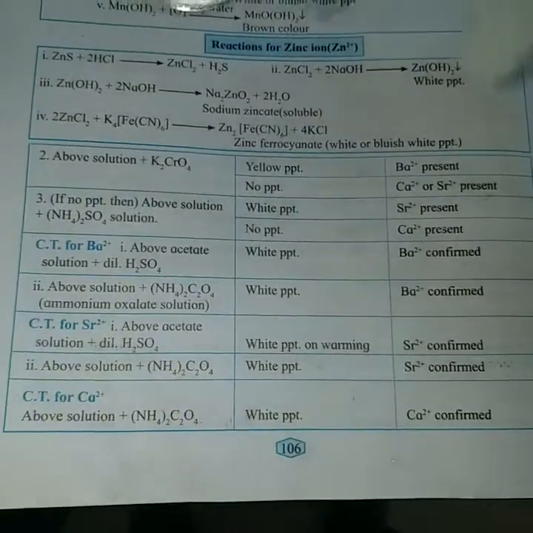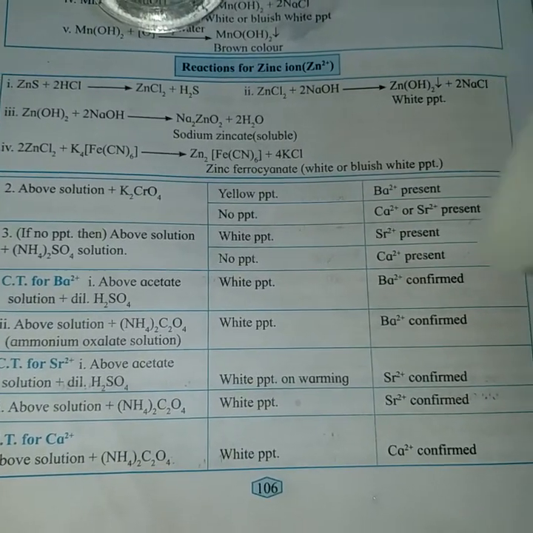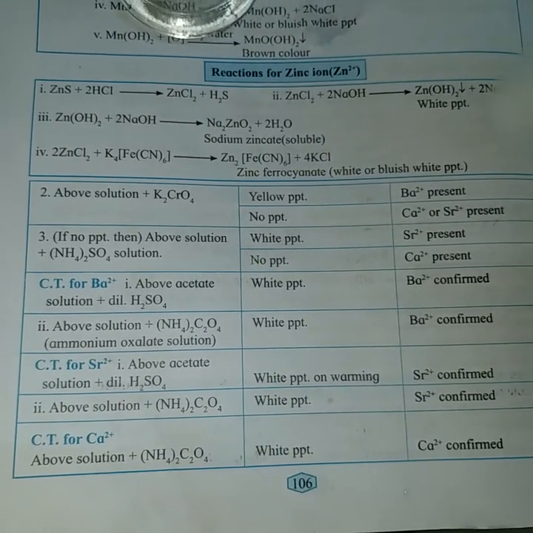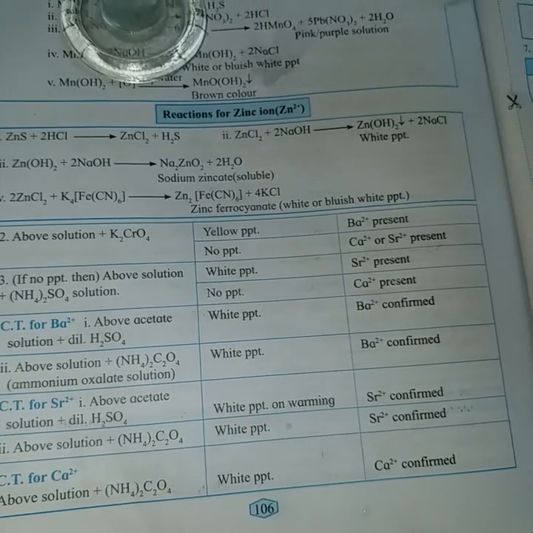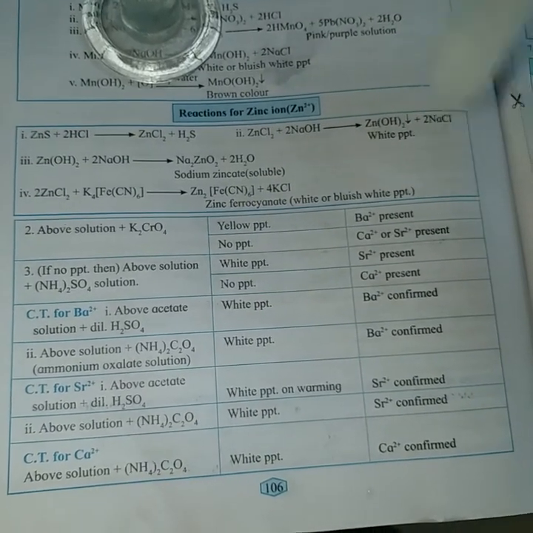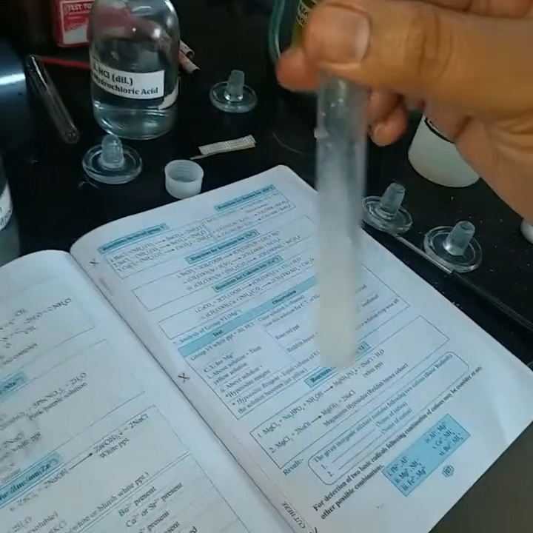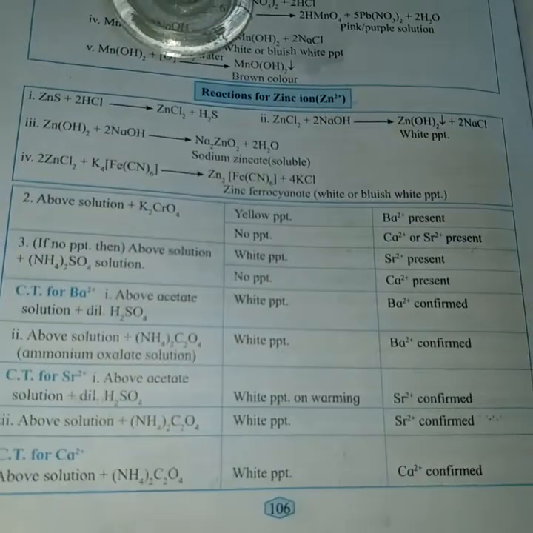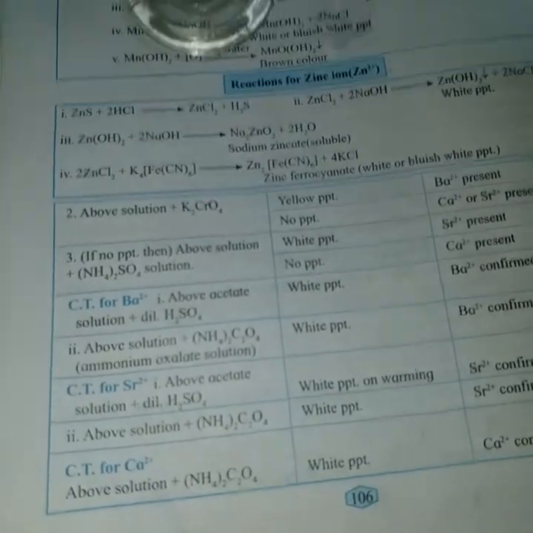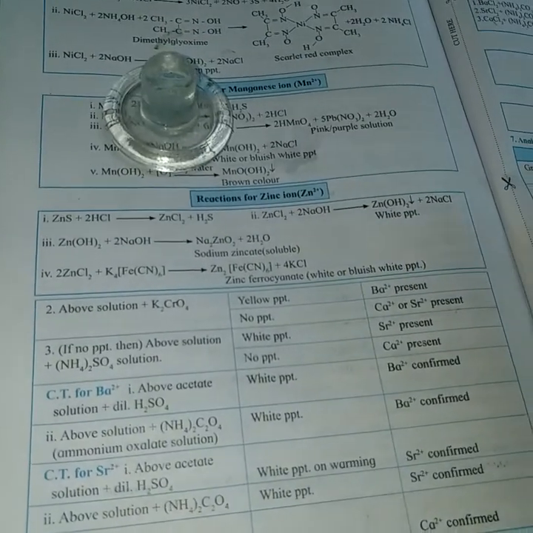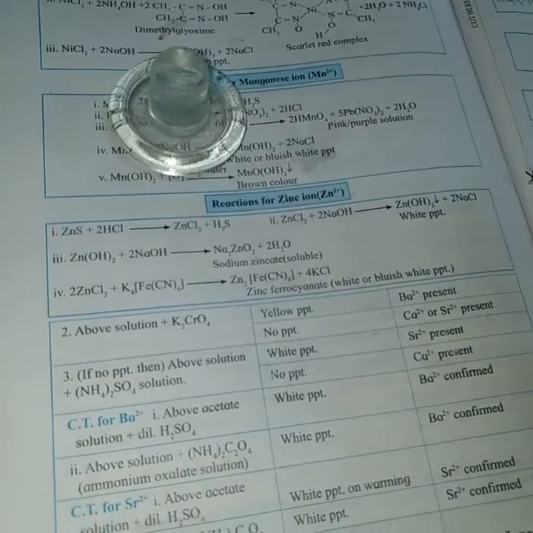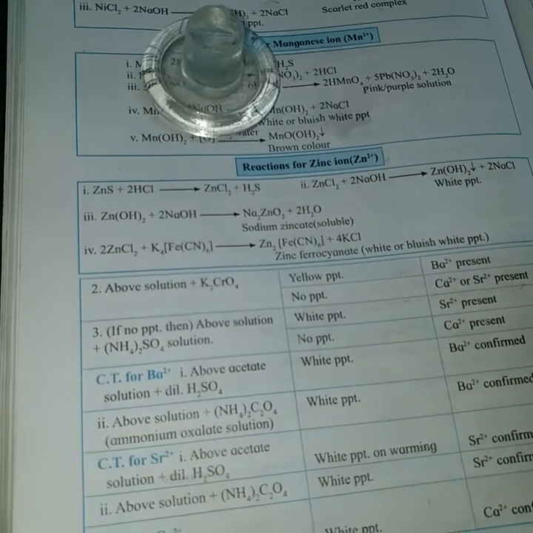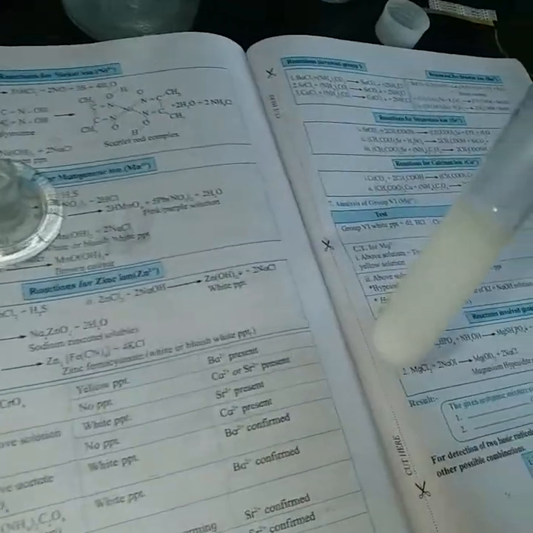So we'll do the confirmatory test for strontium and then we'll write the result. Now you can see the confirmatory test. What I did, I took the above solution, that is the white precipitate, and put ammonium oxalate, and I got the white precipitate.